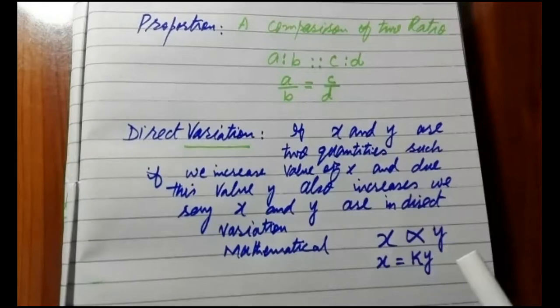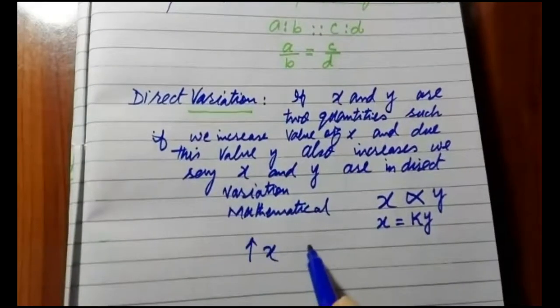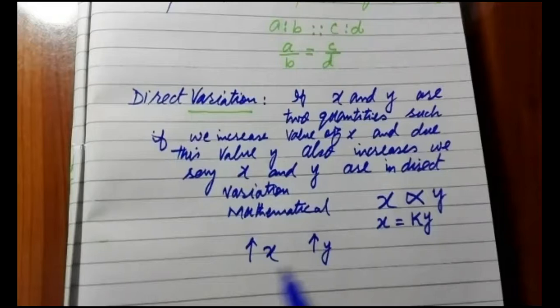And similarly, if one quantity decreases and due to this the other quantity also decreases, again they are in direct variation. So either an increase in one quantity causes an increase in the other quantity. This is the example of direct variation.